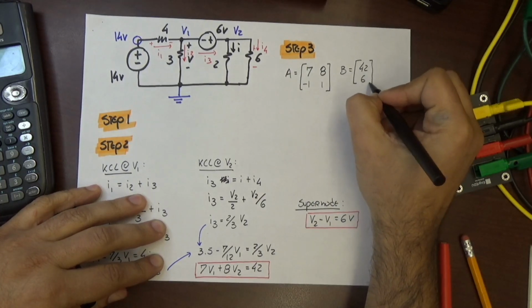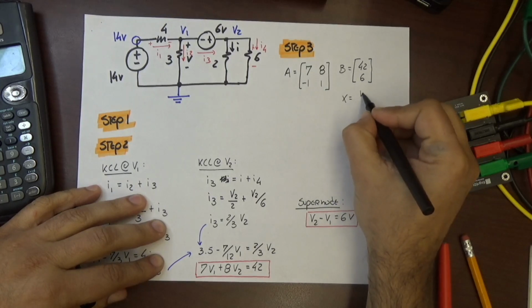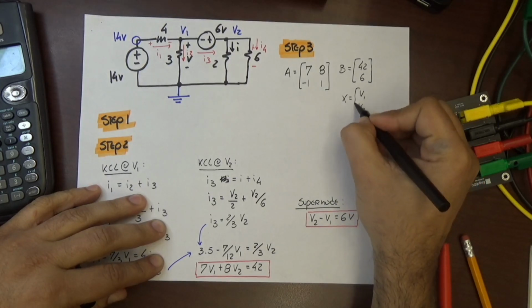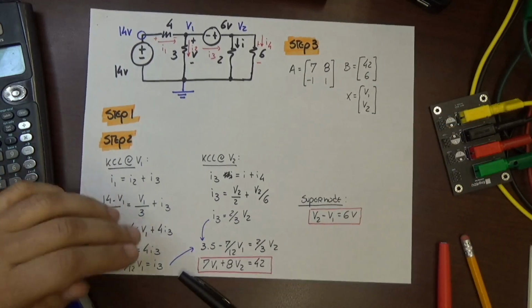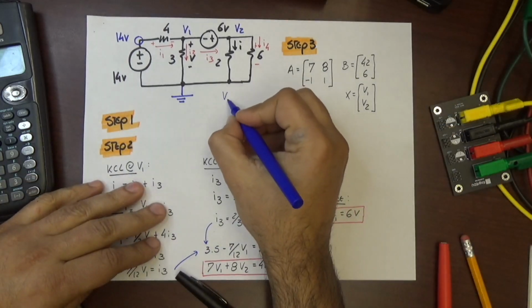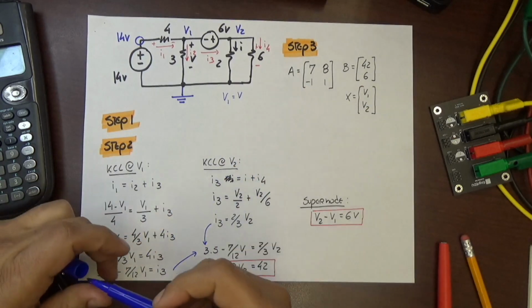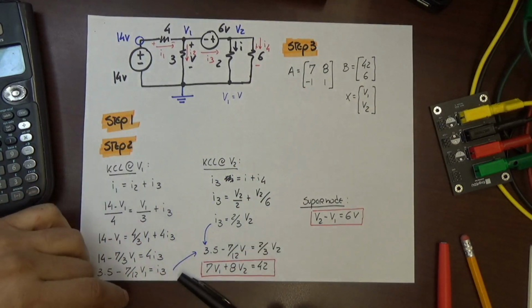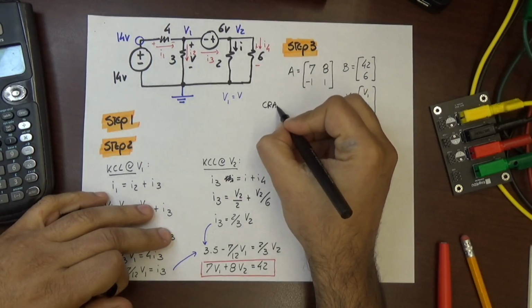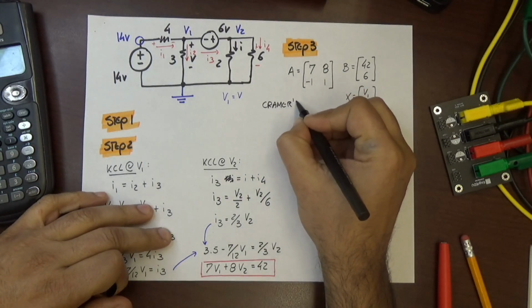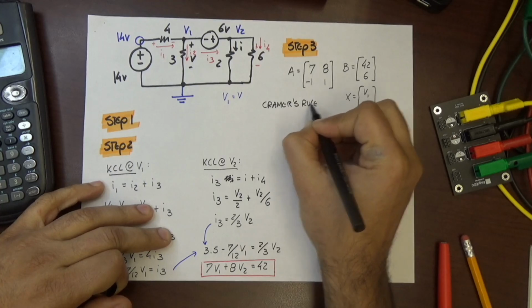All right, I want to find my X, which is V1 and V2. And for this particular one, let's just see Cramer's rule in action. Remember that V1 is equal to V. So Cramer's rule.